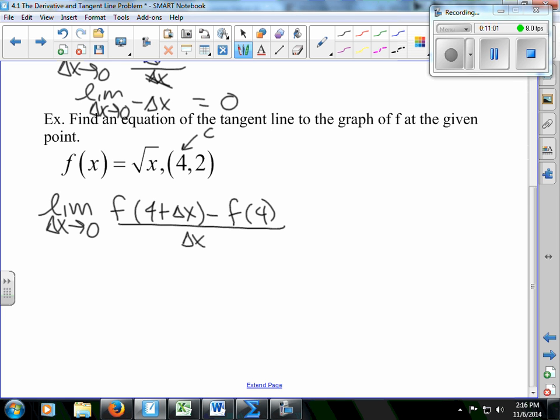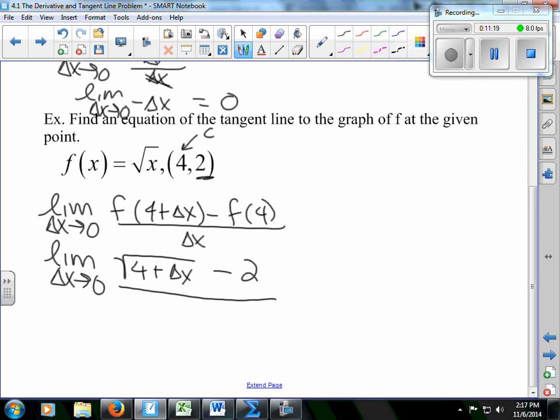Here's my difference quotient. With c it's 4, and now I need to replace the 4 plus delta x into the x in my function. So that's going to be square root of 4 plus delta x minus f of 4 is 2. That was actually given to me this time.